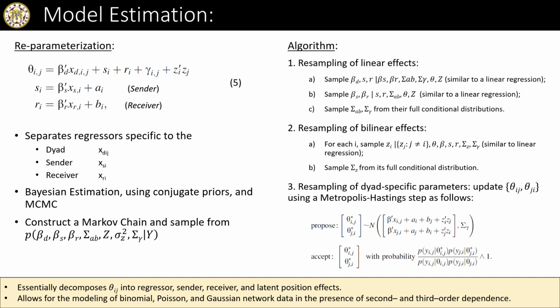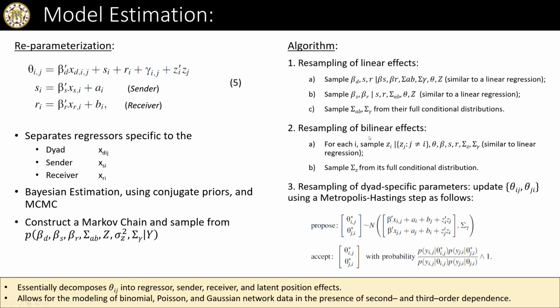First they resample the linear effects. They sample beta D, S, and R given the rest of the parameters. Then they sample beta S and beta R. And then finally they sample sigma AB and sigma gamma from their full conditional distributions.